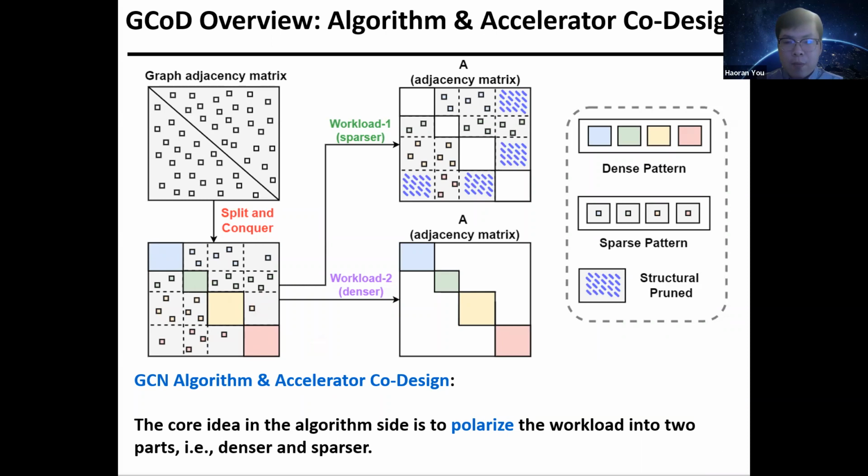Note that the denser pattern along the diagonal includes different colors, where different colors represent different classes. The workloads among all classes are also enforced to be balanced. And after enforcing such denser patterns, the remaining non-zero values are largely reduced and scattered along the off-diagonal line.